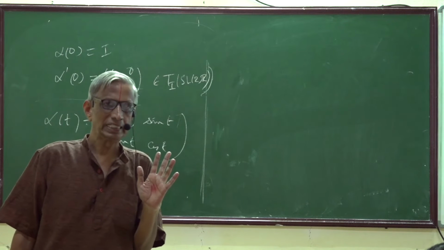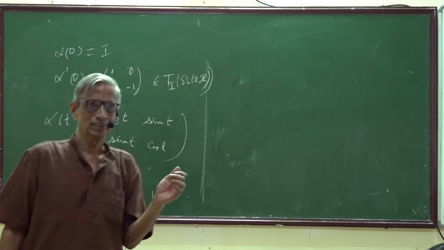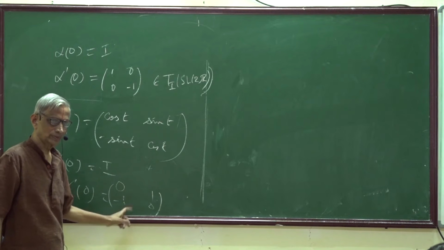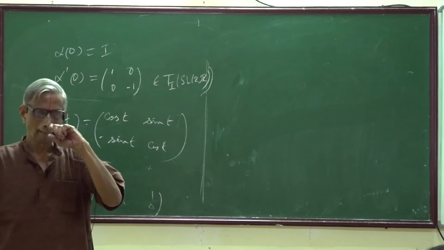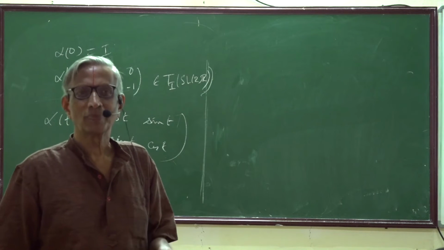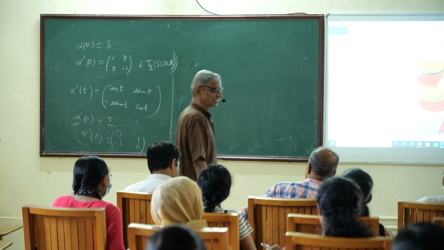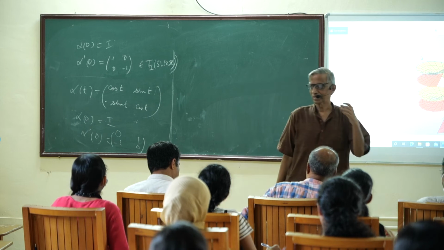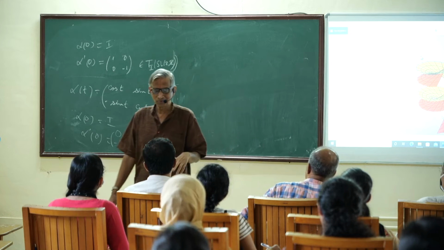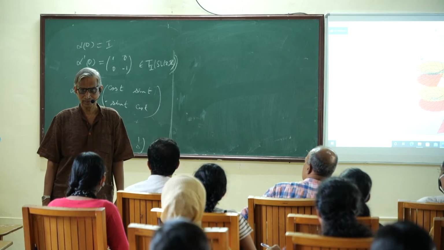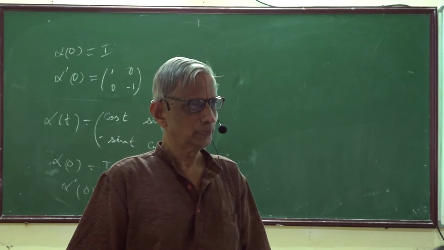It is the trace, right? This also has trace 0. So you make a wild guess that all tangent vectors are going to have 0 trace. But is that true?